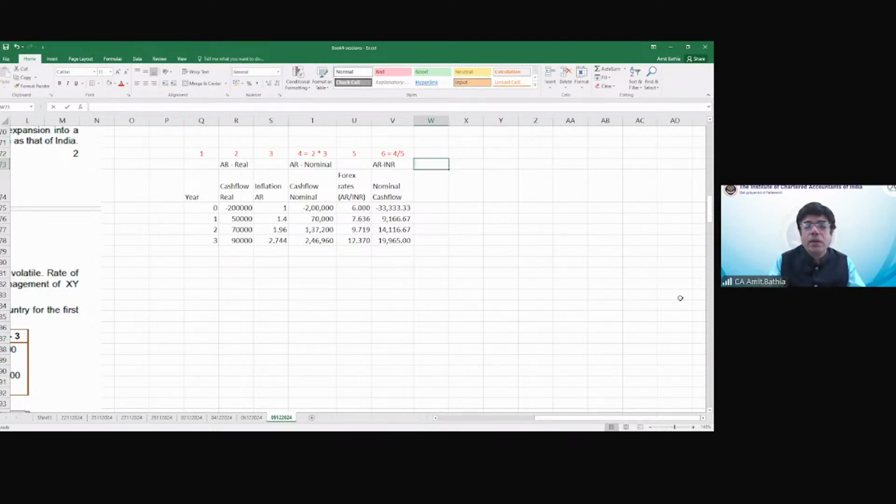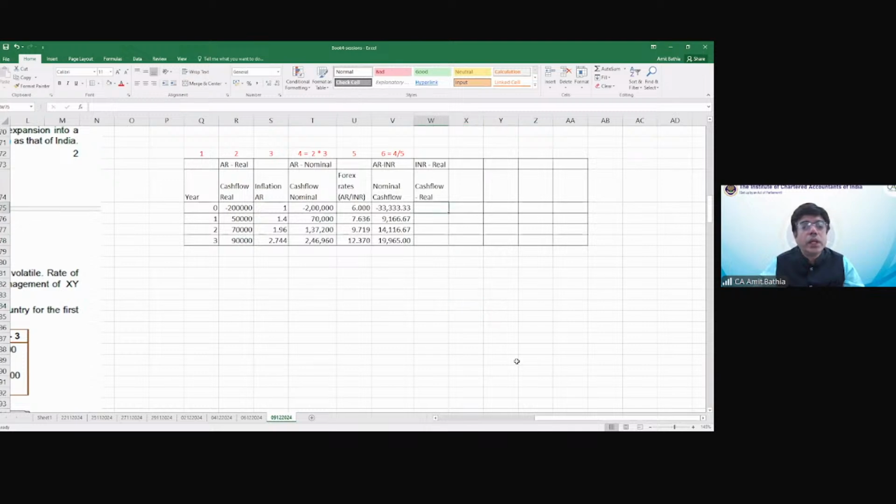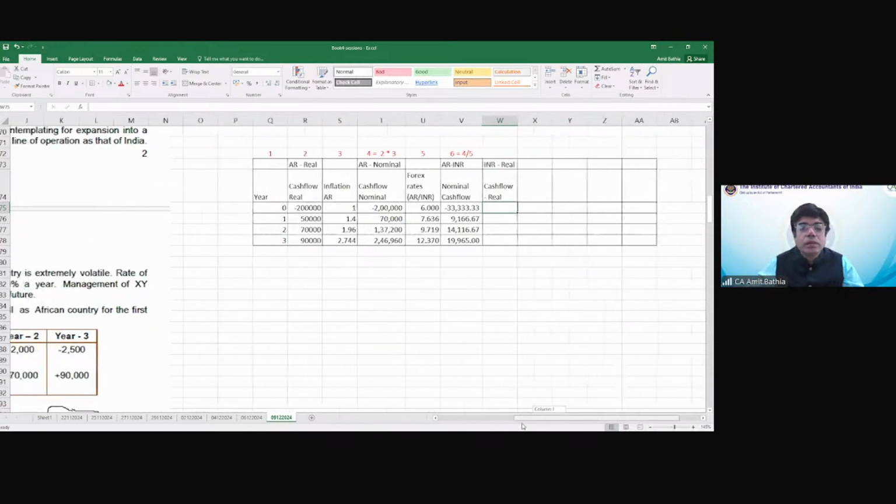The real value is given to me, so I calculate the cash flow real. Let's look at the question again.